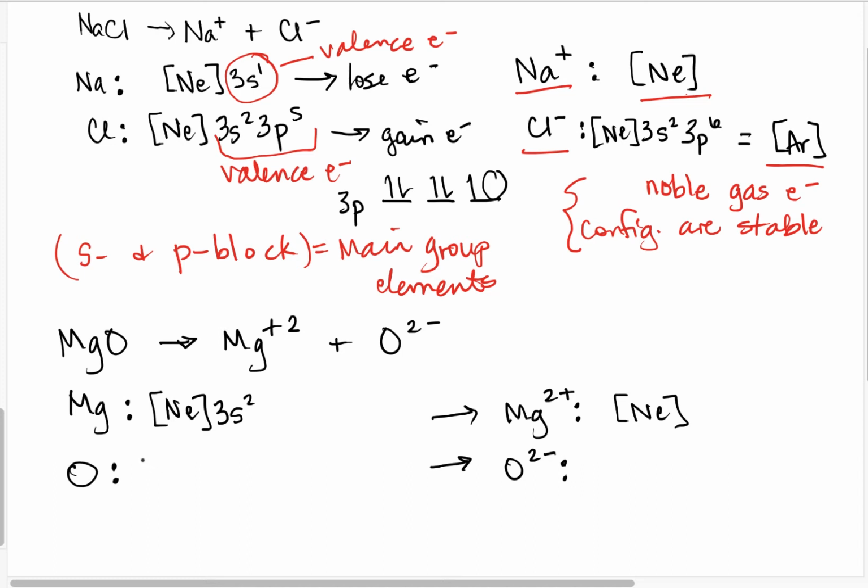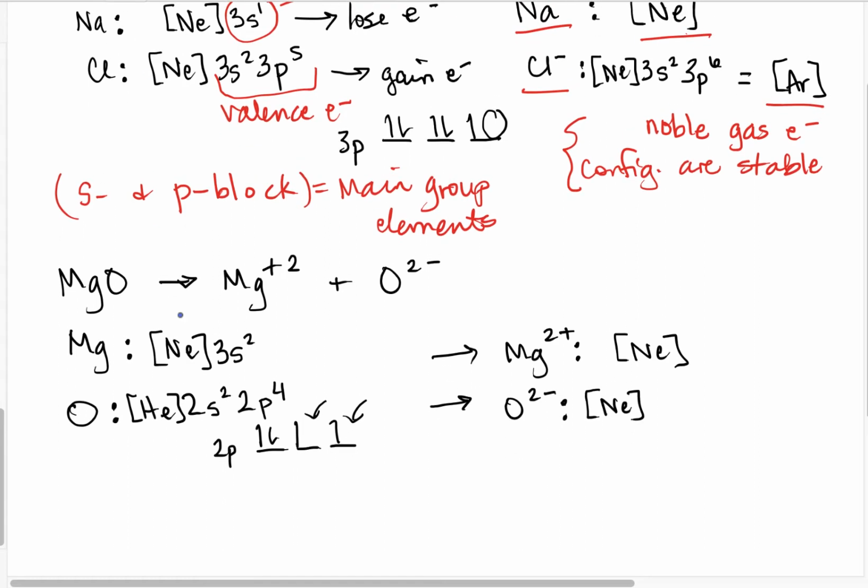So the oxygen starts out with a helium core, and it is 2s2, 2p4 for its electron configuration. It gains 2 more electrons. Here's those 2p. We have 4 electrons, which means that we have 2 spots available. So those are where we're going to put those extra 2 electrons, which means that we will end up also with a neon electron configuration.